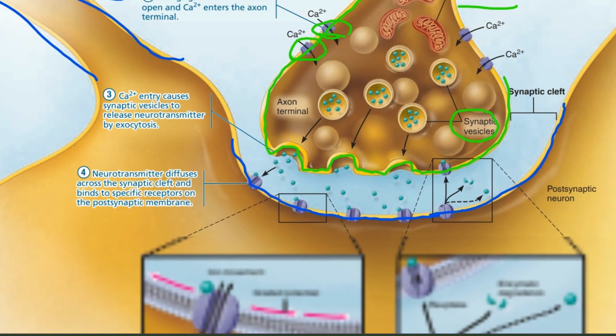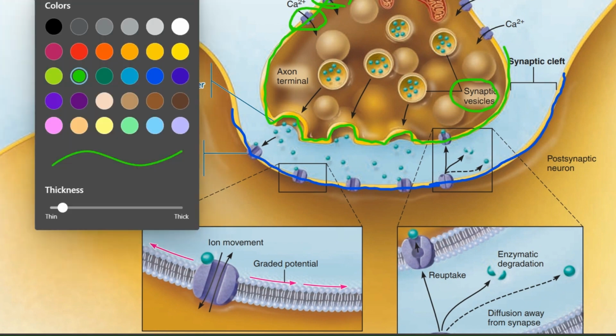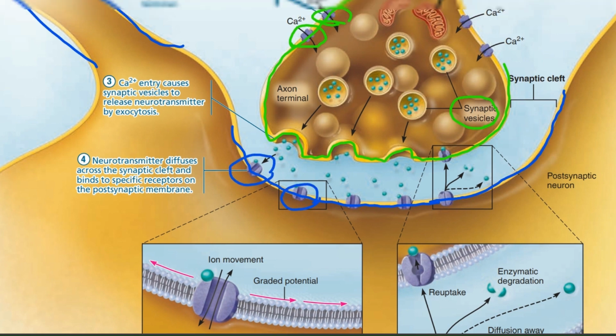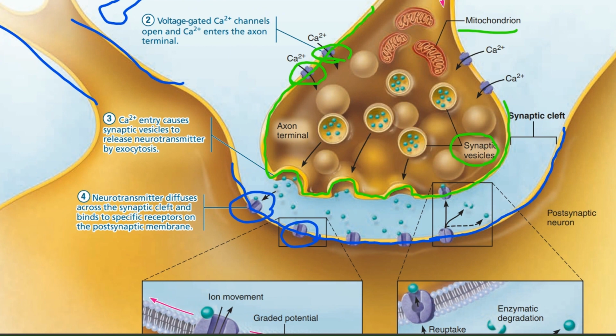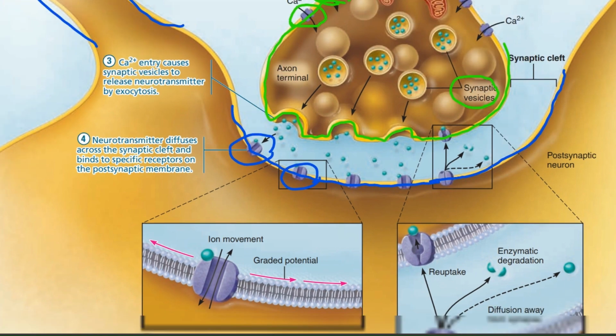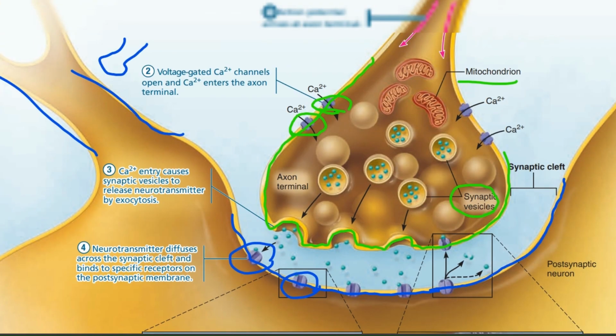Okay, but if we're going to move to the other one, to the postsynaptic neuron, we can see chemical gated channels. These are voltage gated in the presynaptic, and on the other hand, we have chemical gated channels in the postsynaptic neuron. Okay, let's see how it works.